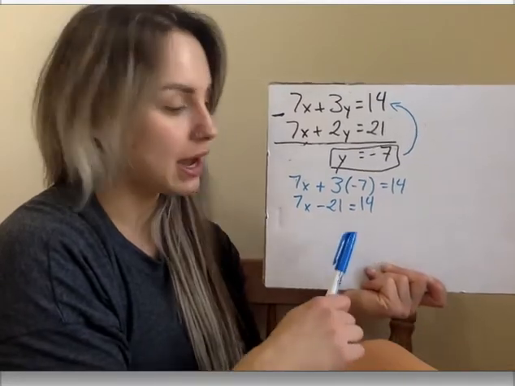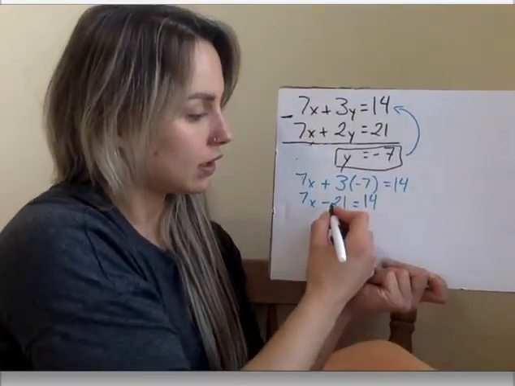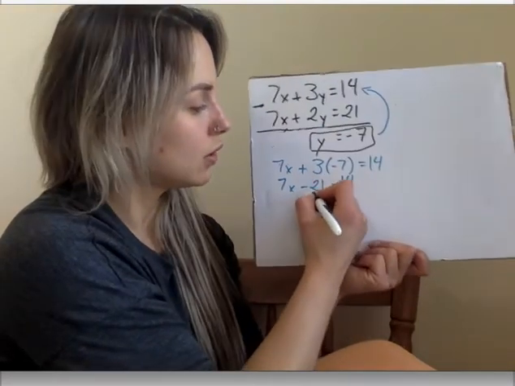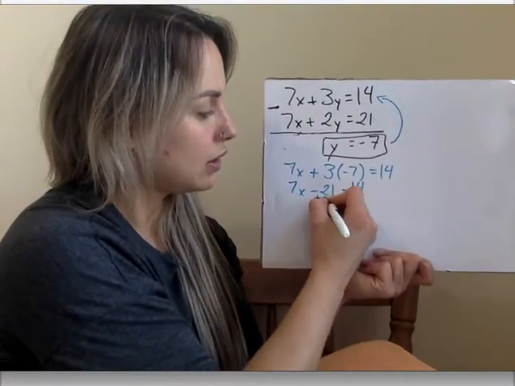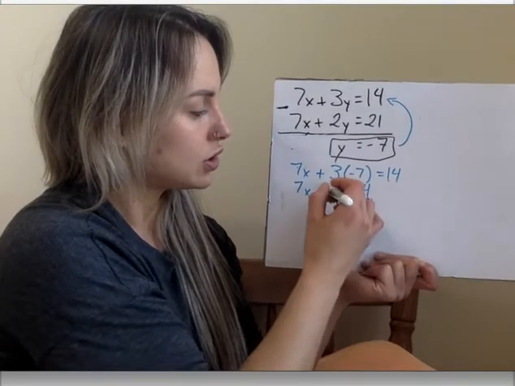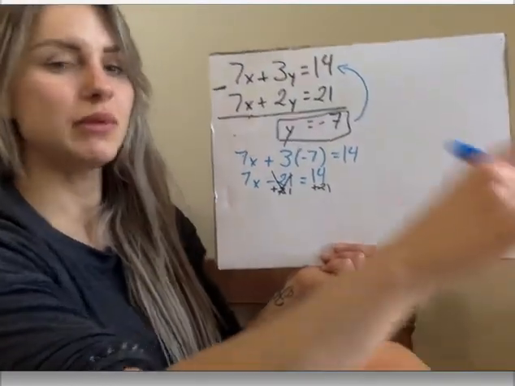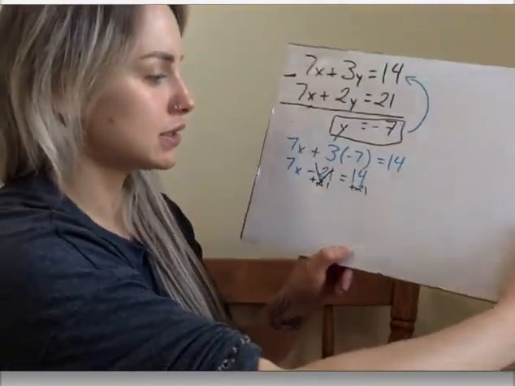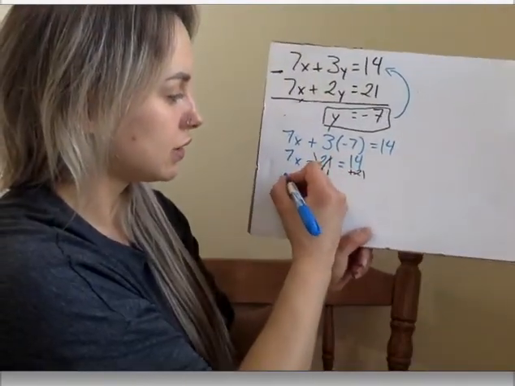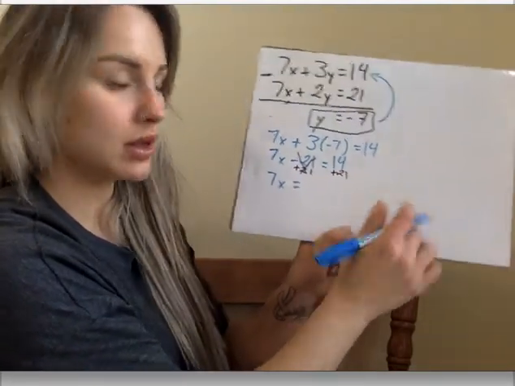So now we're going to try and get this 7x alone. So for us to do that, we need to get rid of the 21. So we're going to add 21 to both sides, which gets rid of that there. And when we add 21 to both sides, we get 7x equals 35.